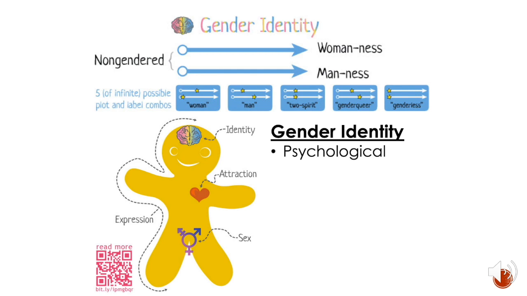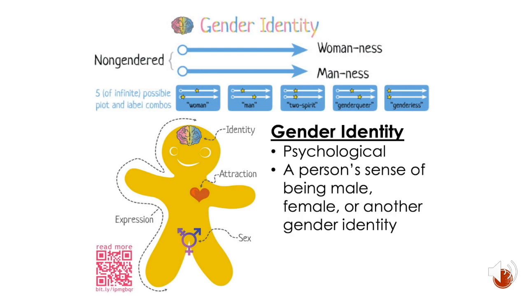But how we identify is largely psychological, and it is a person's sense of how male or female or whatever that they are. So some men identify really high on the manness side of things, while other men don't identify as super high in masculinity.